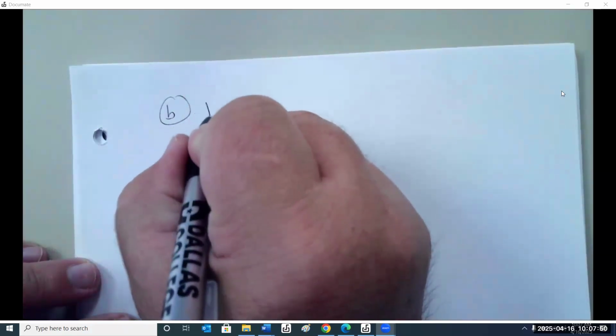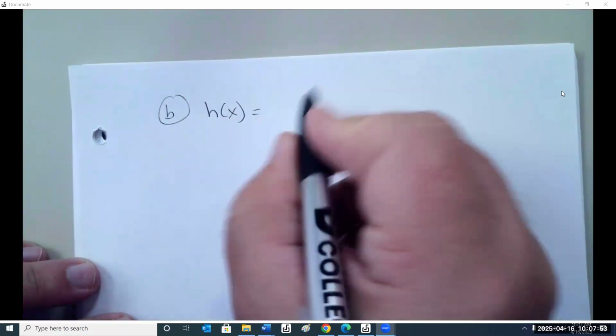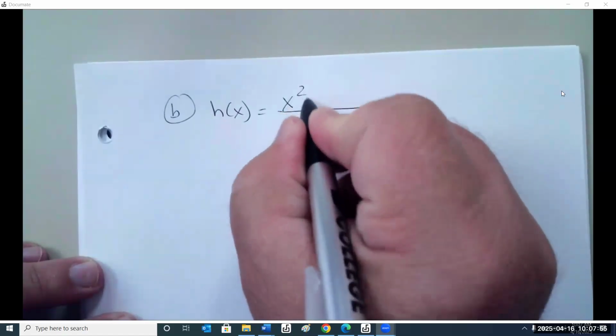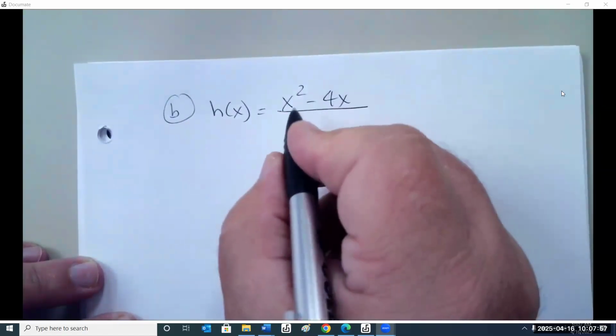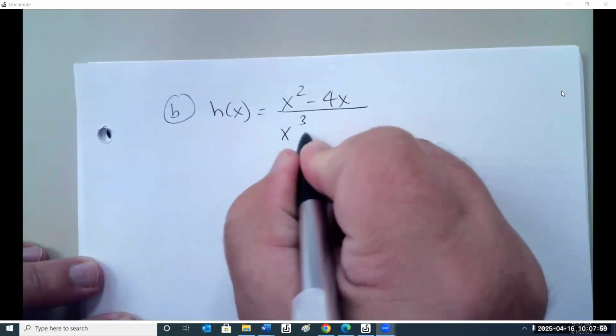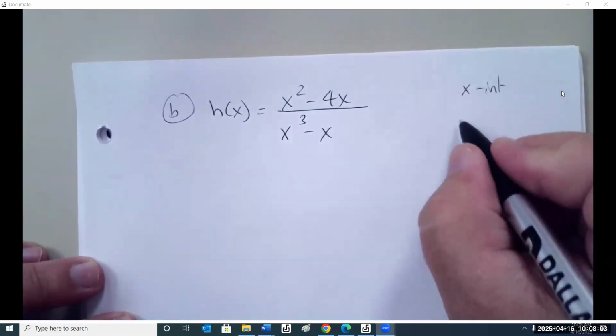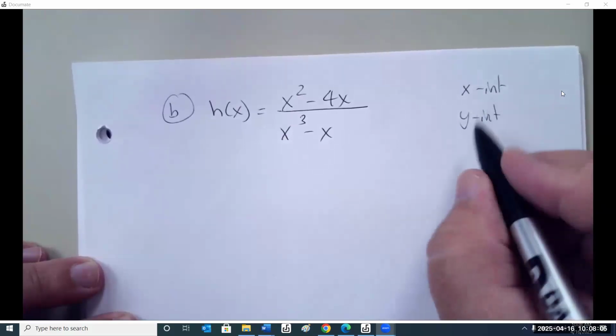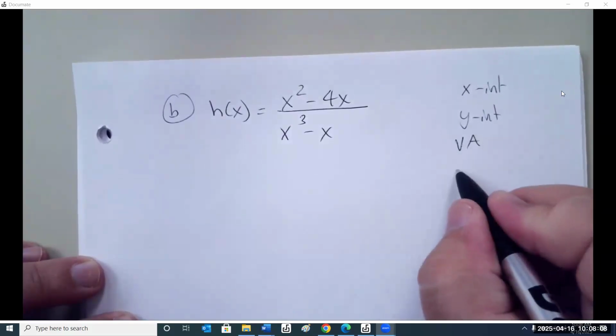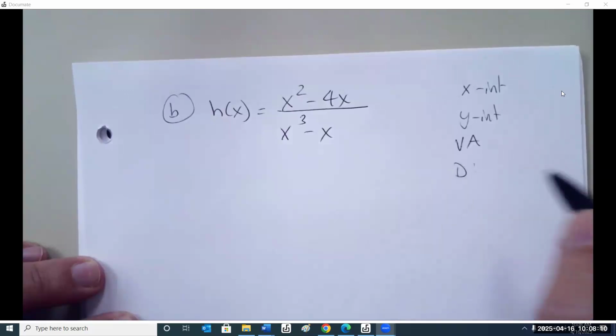B, h of x is equal to x squared minus 4x over x cubed minus x. Tell me the x-intercept, the y-intercept, the vertical asymptote, and the domain.